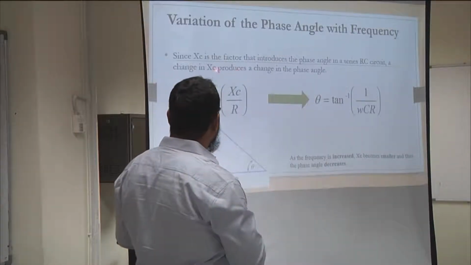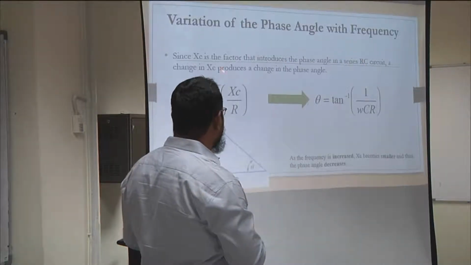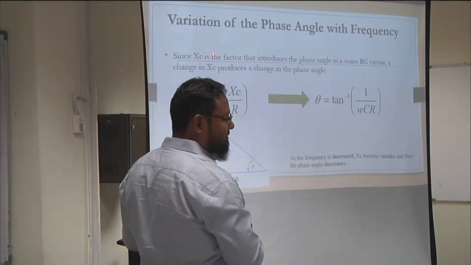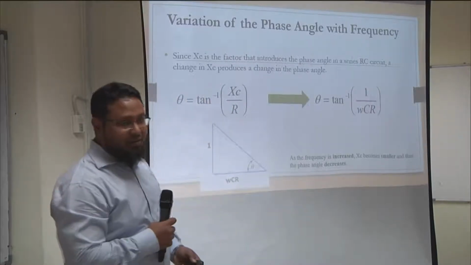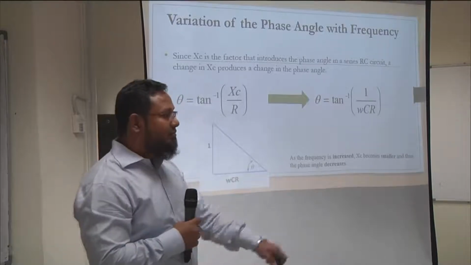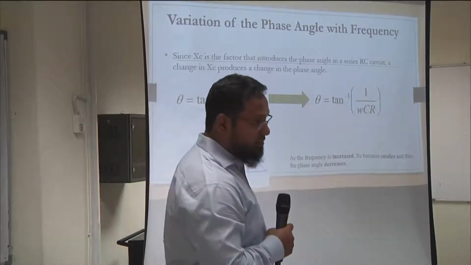Since XC is the factor that introduces a phase angle in a series RC circuit, the phase angle that we get in a series RC circuit is because of the XC, right? In any AC circuit, the angle that we get in the impedance is because of the reactive elements. What are the reactive elements? The inductors and the capacitors.